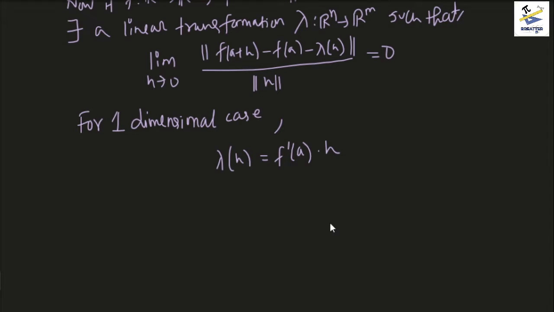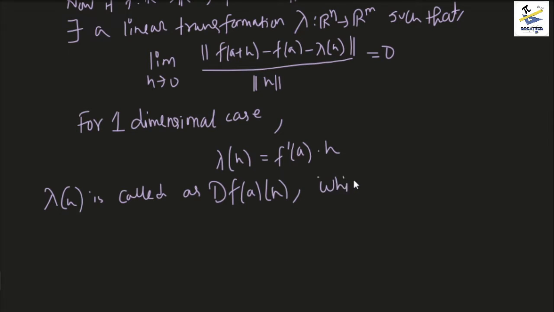This linear transformation lambda, so lambda of h, is called df of a applied to h, which is the derivative of f at a.